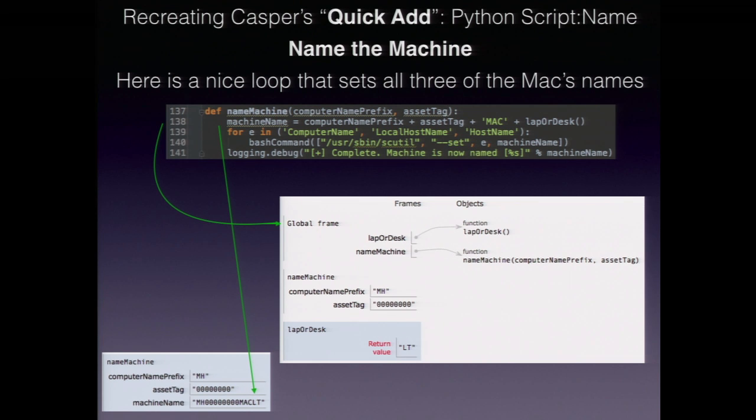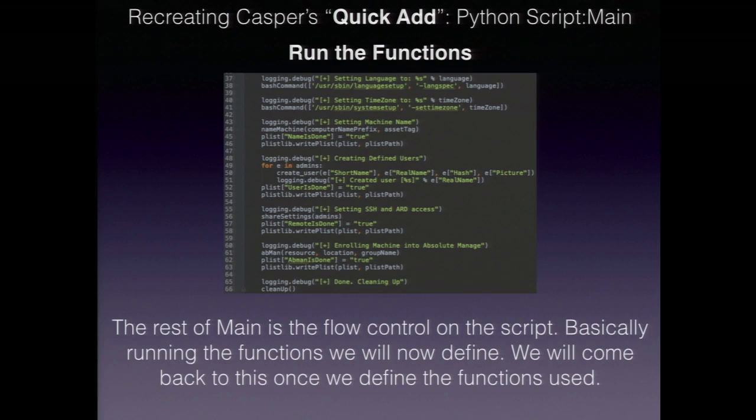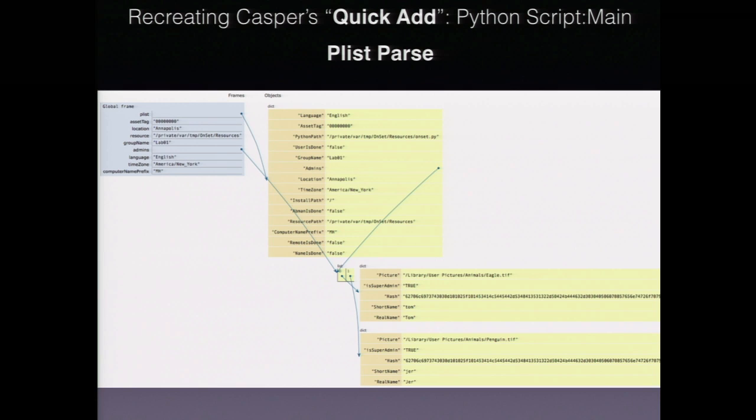And what we do is, so this is a function. We're going to call it later in main, and it takes as input a computer name prefix and an asset tag. And luckily, we defined those earlier in our plist. So we know what the asset tag is, and we know what our prefix is.